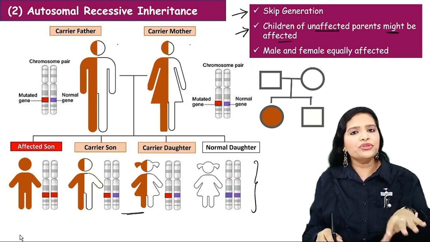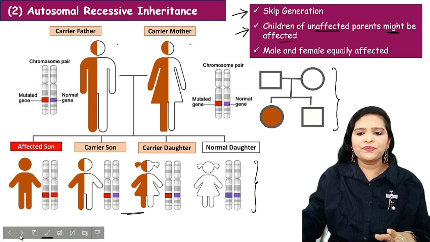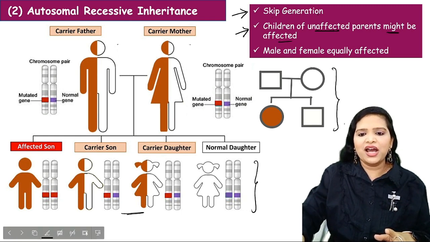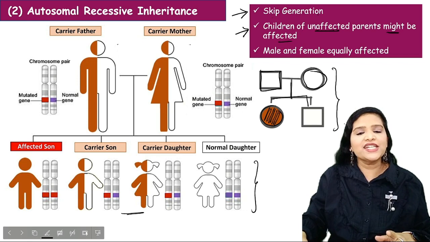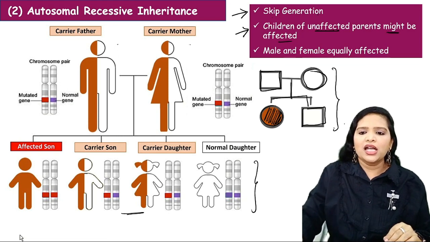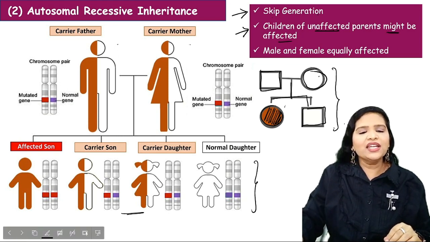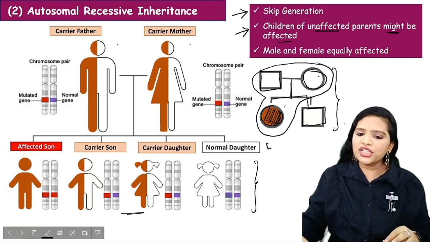If you draw a pedigree chart for this type of inheritance, it will be like this. See here, the father is unaffected, the mother is unaffected, whereas one child is shaded. She is affected, and the other boy is unaffected. So what do you understand from this chart? The children of unaffected parents might be affected. How did she get affected?